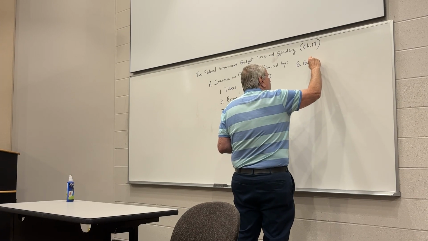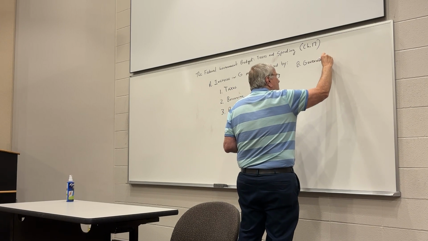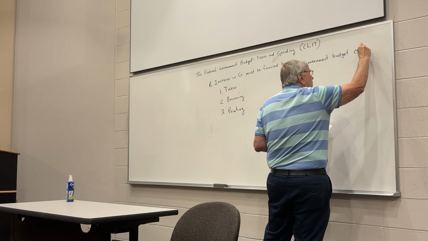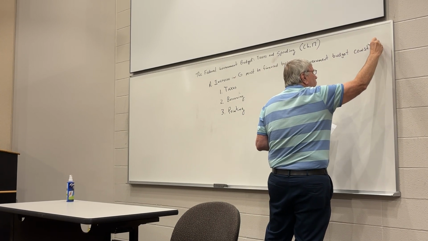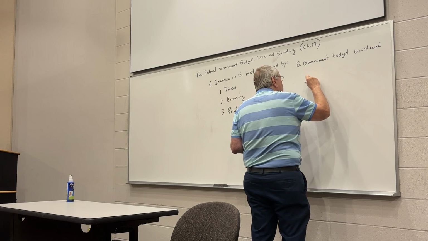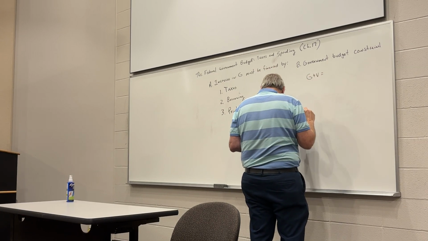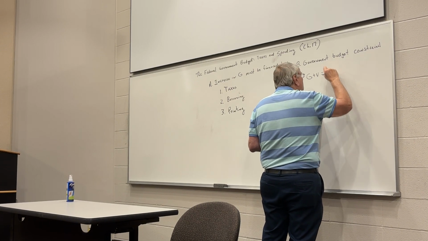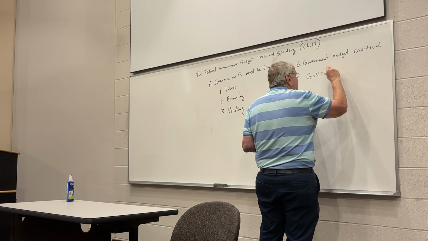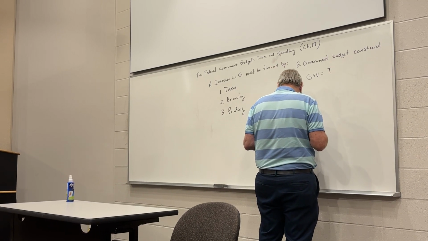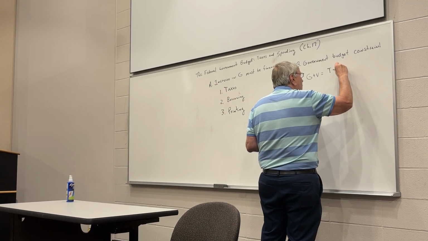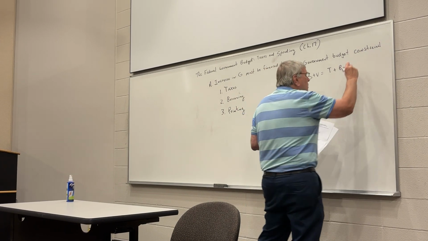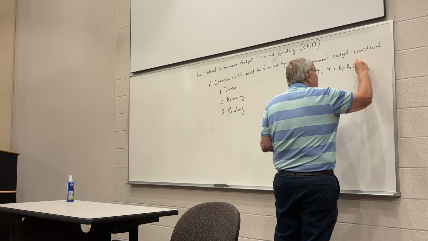Put it in the form of the government's budget constraint. So we can say G plus V equals the sources: the taxes, plus the additions to bonds, plus the addition to money.